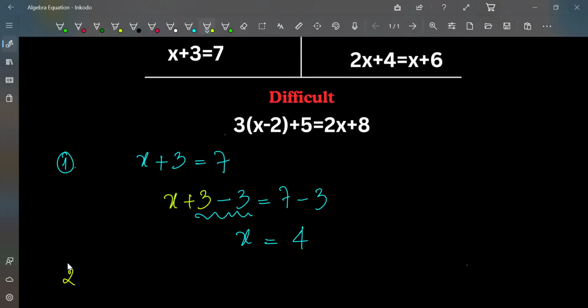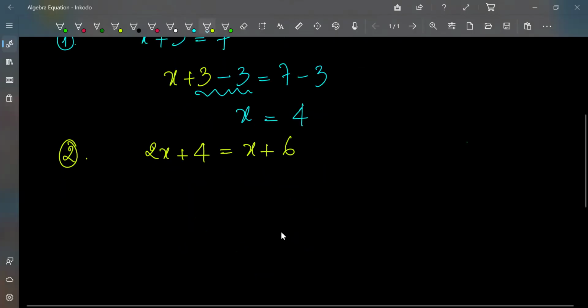The medium level, the equation is 2x plus 4 equal to x plus 6. For the first step, I suggest you remove x from the second side. How to remove it?